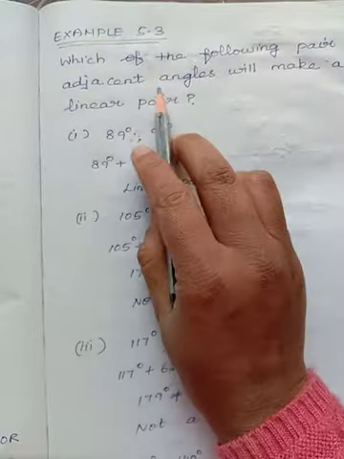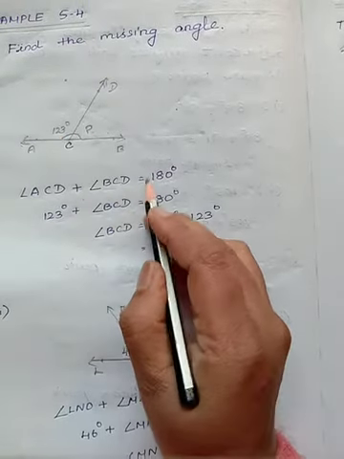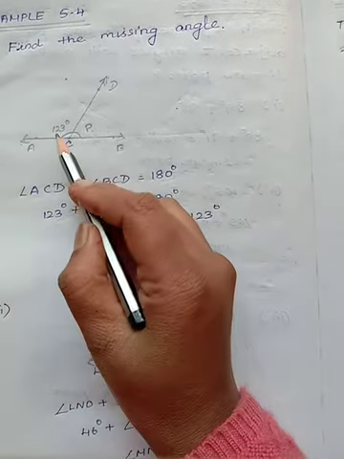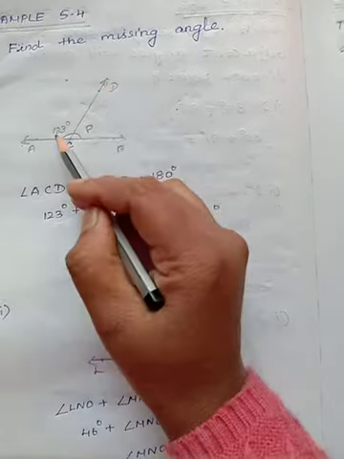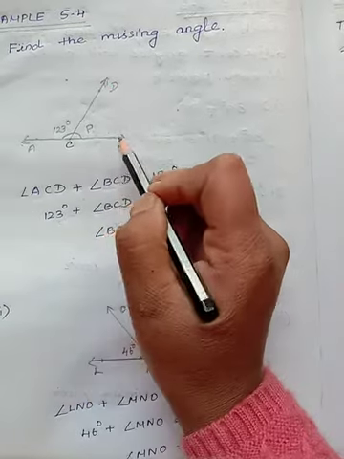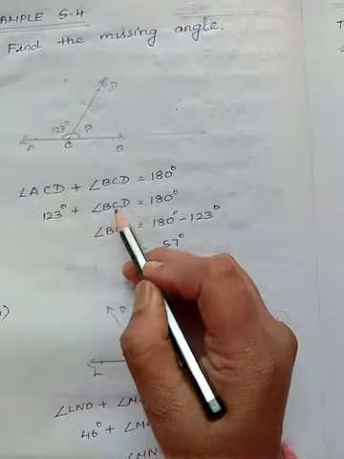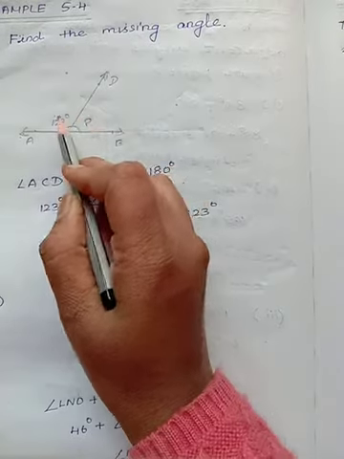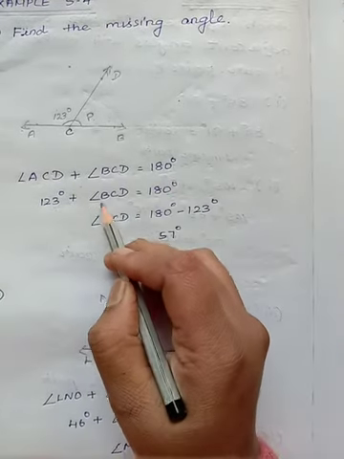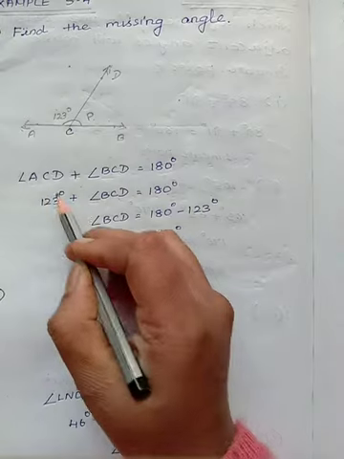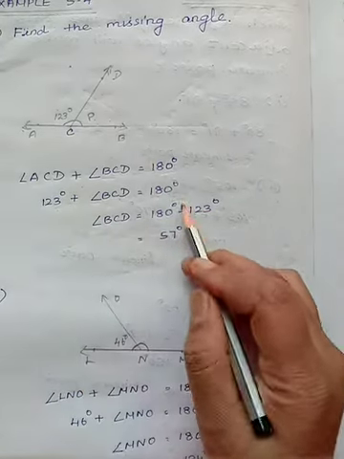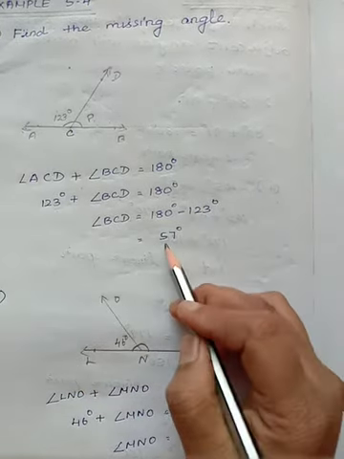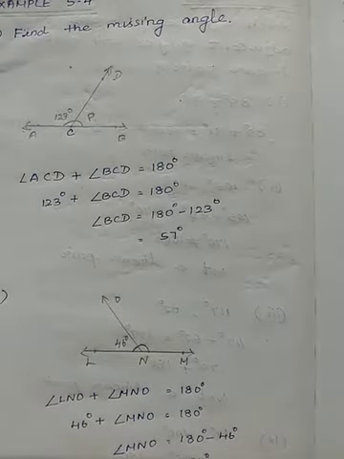Just now we saw that when you add adjacent angles, it will be a linear pair, so we add both adjacent angles and should get 180 degrees. Angle ACD is 123 degrees plus BCD, which we don't know. To find the value of angle BCD, 123 degrees taken to the other side becomes minus 123 degrees. So your answer is 57 degrees.